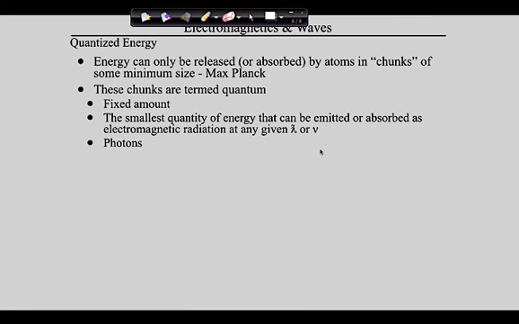And that's what Planck observed, that when light was radiating energy, that energy always came out as a multiple of a smaller amount. He said that must be because light is a packet, it's a particle, and each of those particles has a fundamental energy.